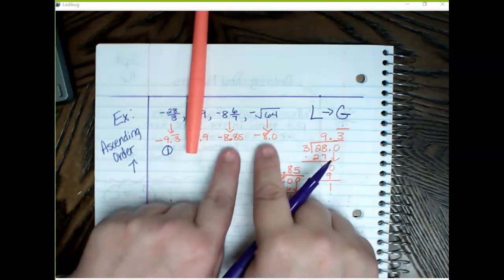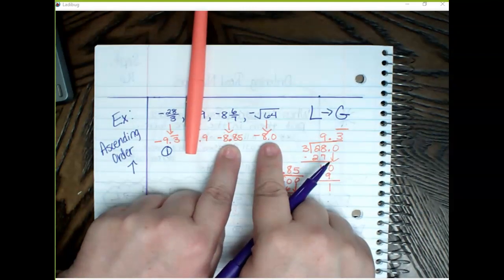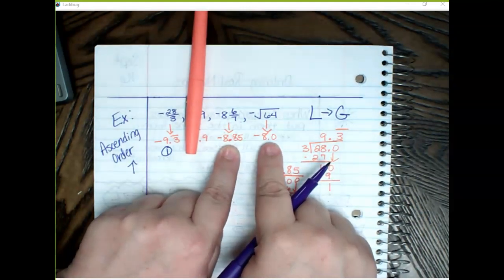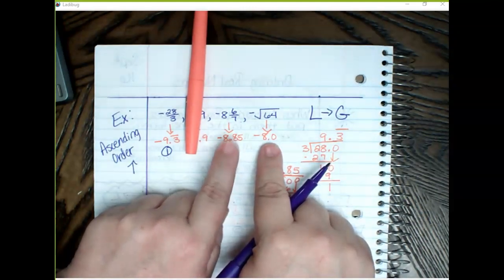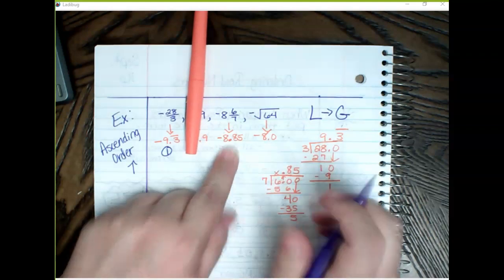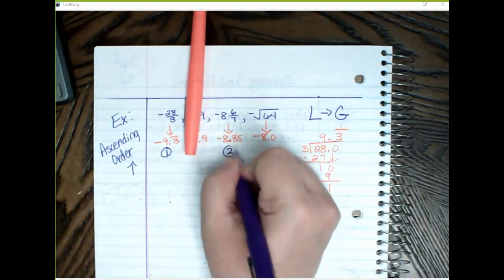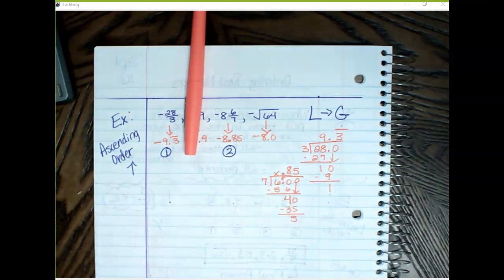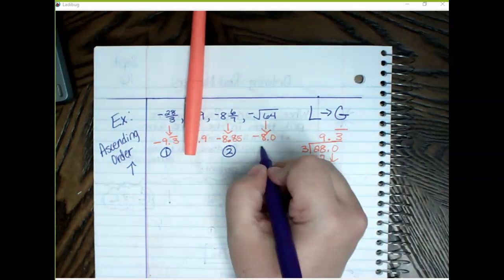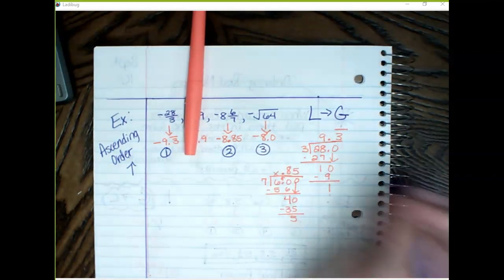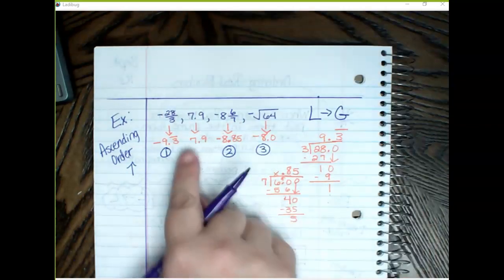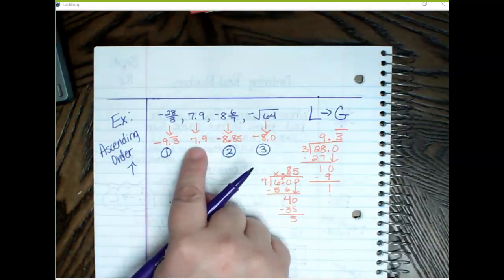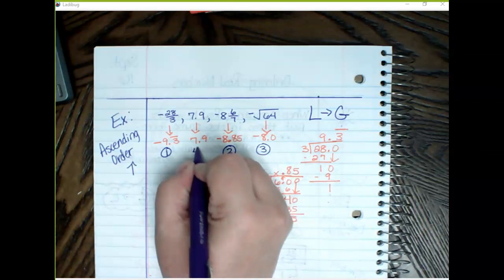Now out of these, which one's going to be my next smallest value? 8.85. The bigger the negative, the smaller the value. Which would make negative 8.0 in third place. Then I know my positive number, the only positive number I have, has to be the biggest.